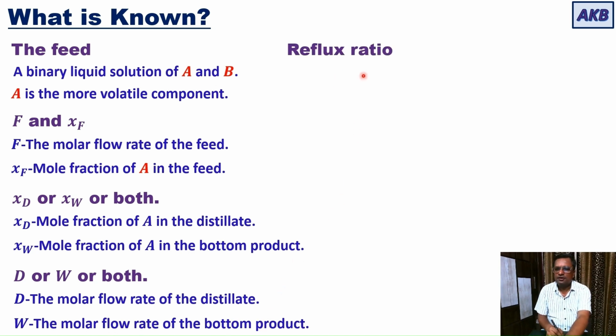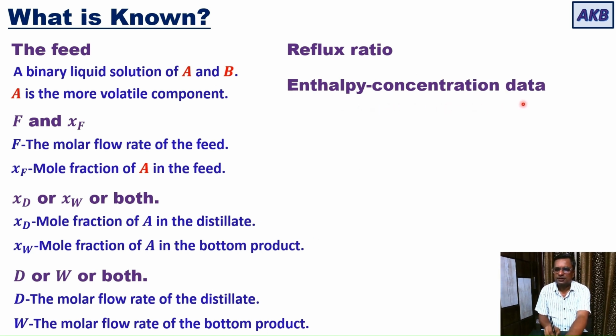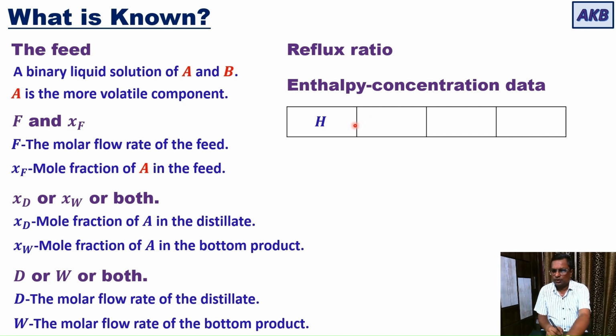Apart from this, the reflux ratio will be known to us, and then enthalpy concentration data will be given to us, because as you know, in the Ponchon-Savarit method, we need to plot the enthalpy concentration diagram. And for plotting the enthalpy concentration diagram, enthalpy concentration data is required. So what is this?